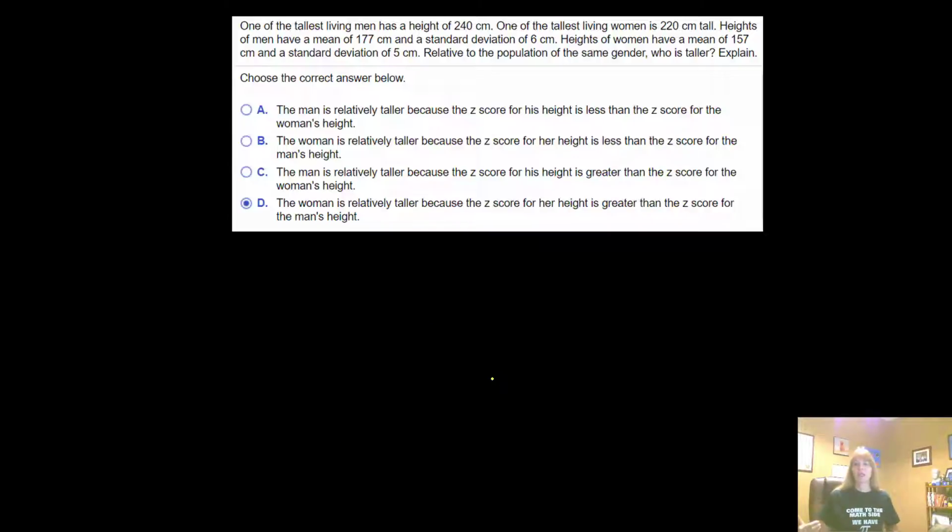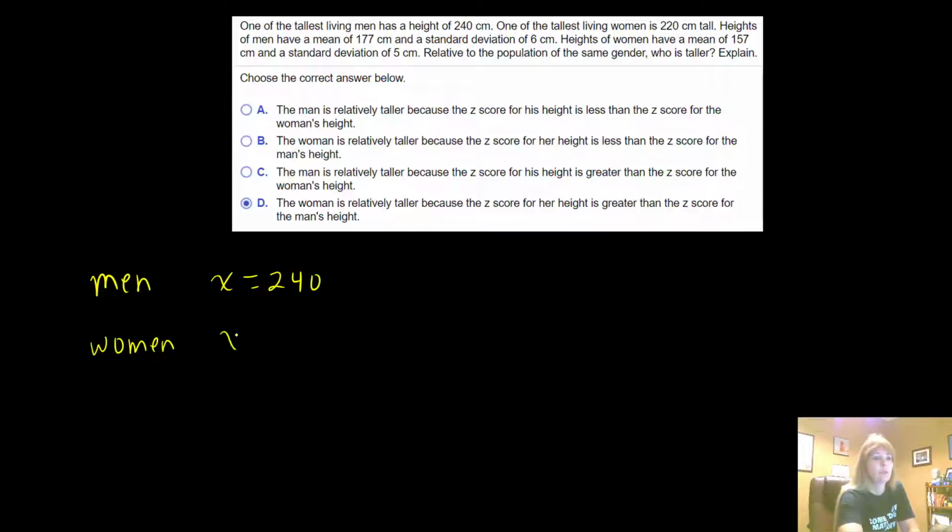So basically, again, z-scores are used for standardizing data so you can compare data that have two different means. If I look at this example, it says one of the tallest living men, so I'm going to write things here. A height of, so this is going to be the men, a height of 240 centimeters, and the women 220.